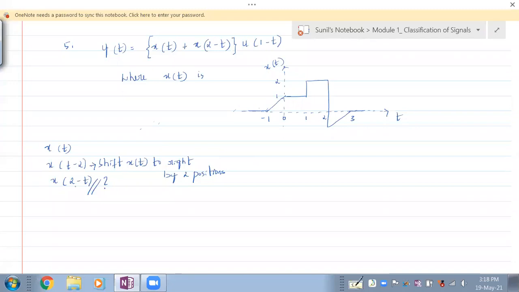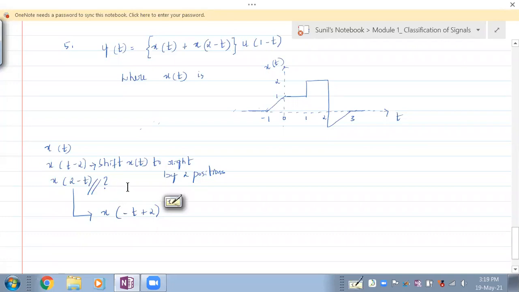So see here, instead of looking at it as x of 2 minus t, just see this signal as x of minus t plus 2. Is this understood now, everybody? Look at it as x of minus t plus 2, then this will make better sense to you.